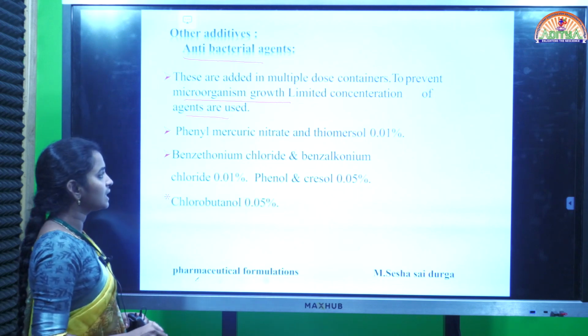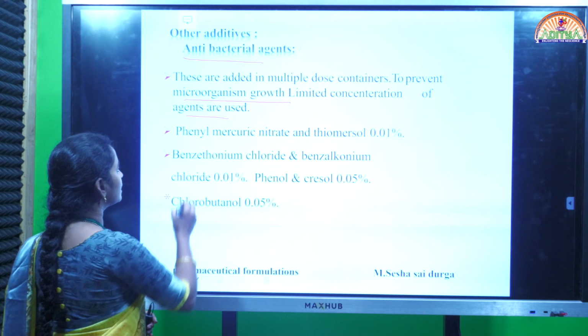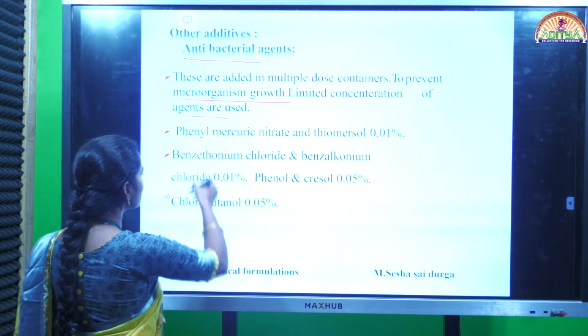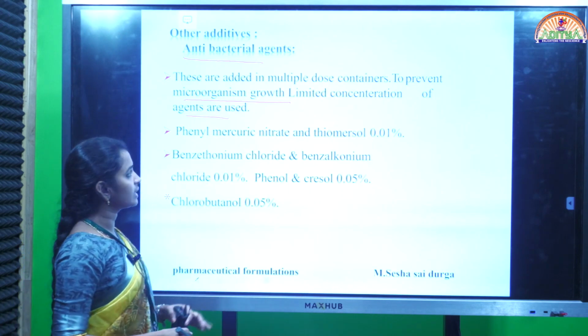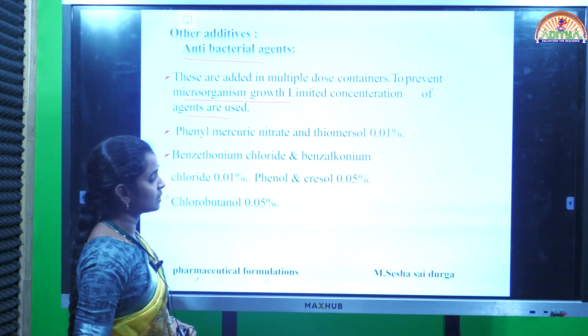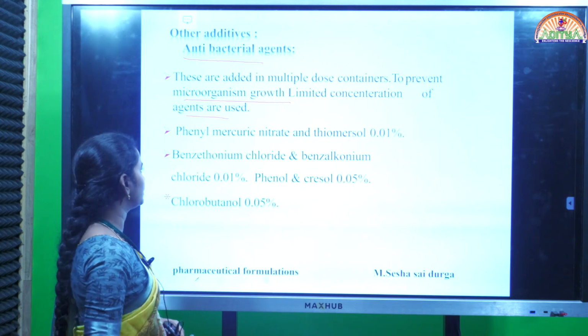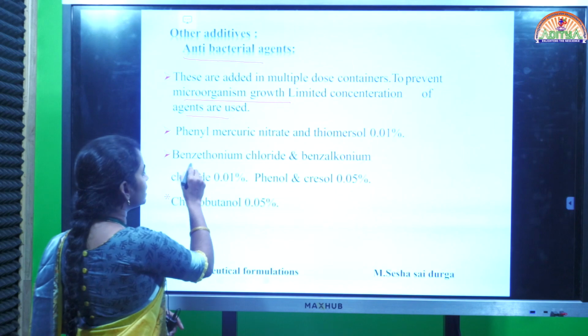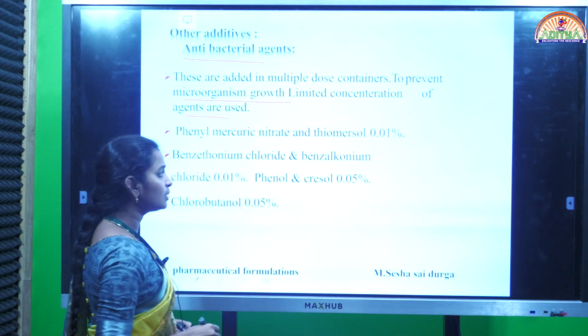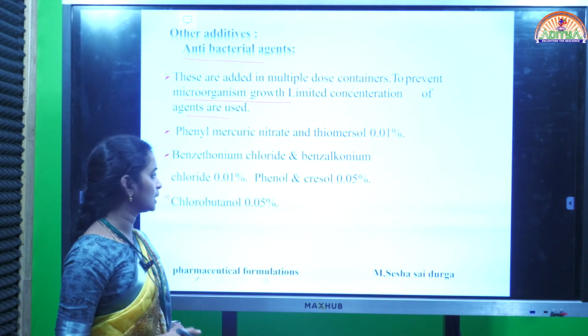And what are the bacteriostatic agents generally used in the making of parenteral formulation? Here some examples are given. Phenylmercuric nitrate and thiomersal 0.01% can be used. In the same way, benzethonium chloride and benzalkonium combination also can be included.